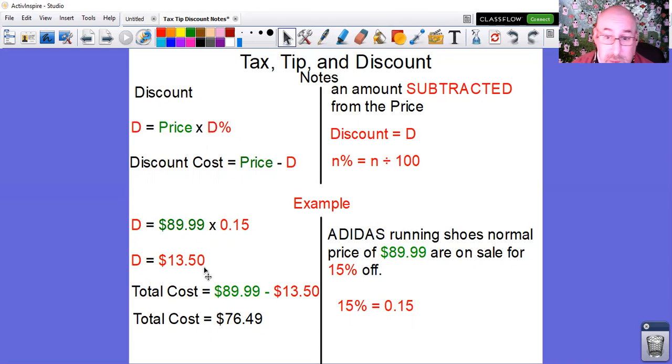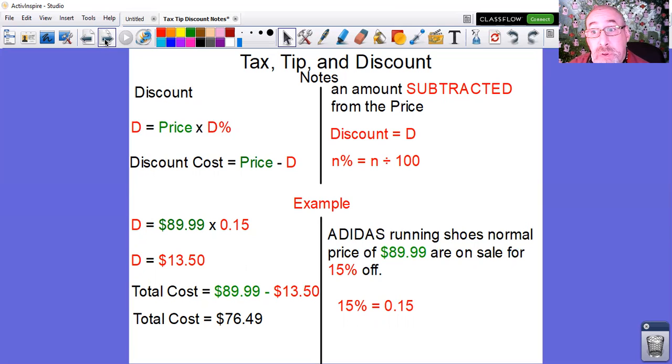So then we come up with 13.50 is our amount that we're saving. So we take our total cost, 89.99, and we subtract that 13.50, and we end up with 76.49 is what we actually paid. Now, if we had to pay tax, this is when we would do our taxes. We don't want to pay tax on something we're not spending.